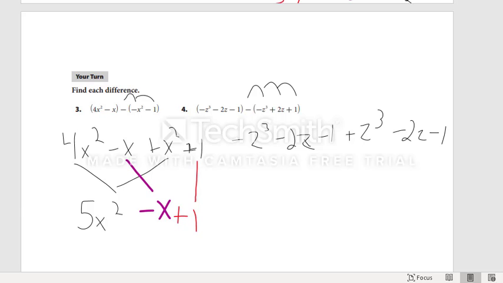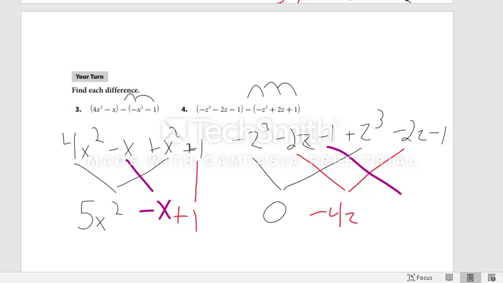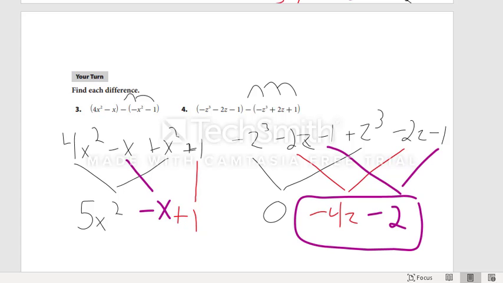Combine your like terms, z cubed and z cubed. Negative z cubed and a positive z cubed makes 0. Minus 2z minus 2z, be careful, that's minus 4z. And negative 1 minus 1 is negative 2. So negative 4z minus 2 is our second answer.